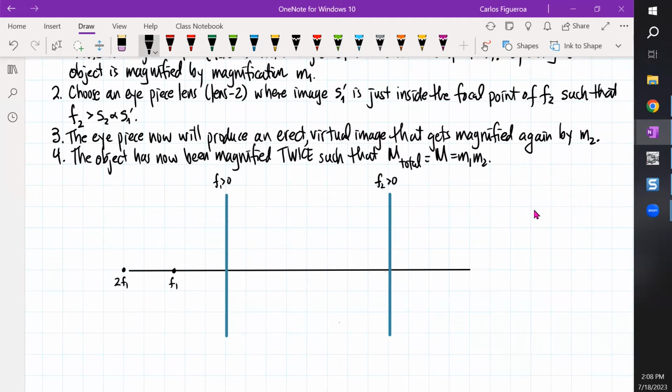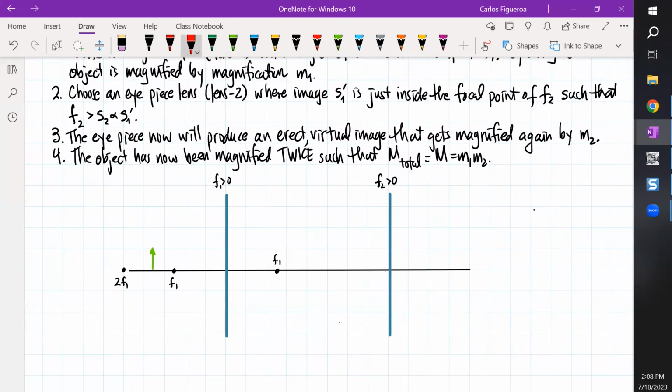So on the other side, I'm only going to show the F1 right here. So now I'm going to create an image of an object. So I'm going to take my object and I'm going to smack it right in here. Let's say I'm going to put this guy right here. So there's my object.